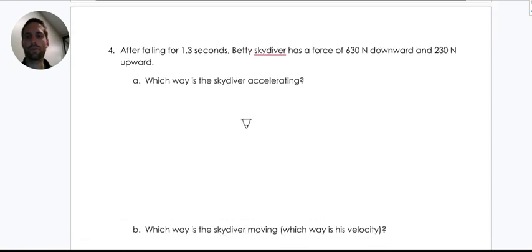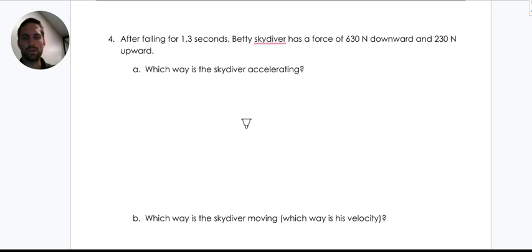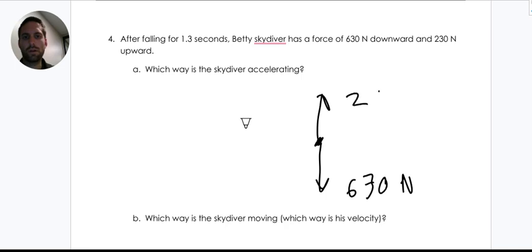For number 4, this little skydiver has a force of 630 newtons downward, 230 newtons upward. So downward, 630 newtons, upward 230 newtons.